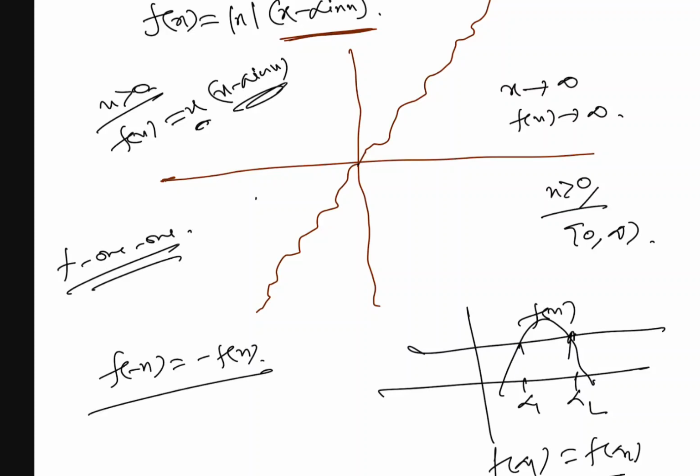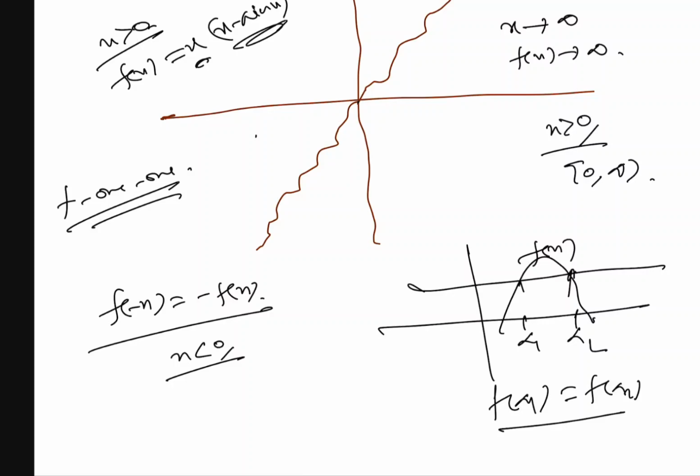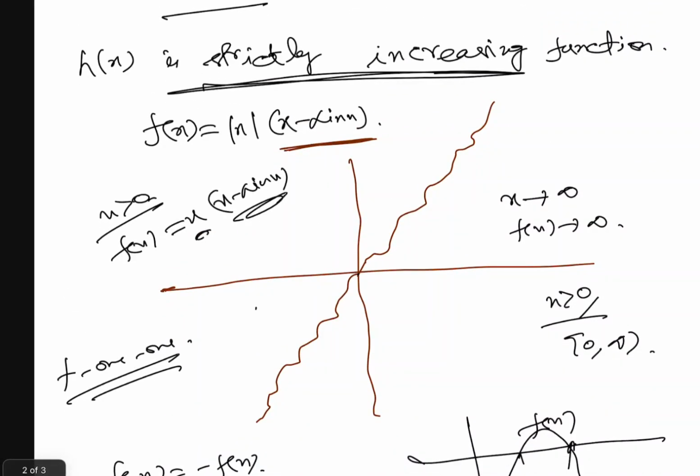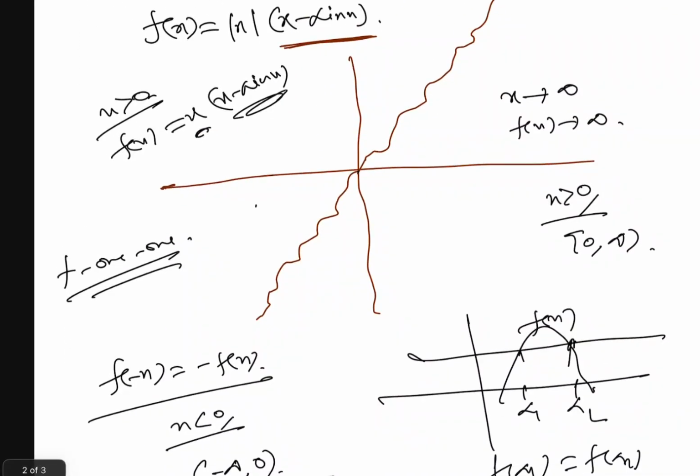So the graph will be symmetric about the origin, and the range set for the negative portion of this domain will be minus infinity to 0. For this negative part, we don't need to draw or calculate anything.